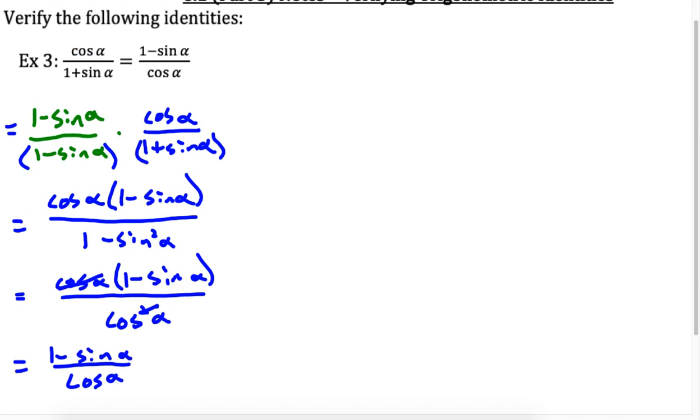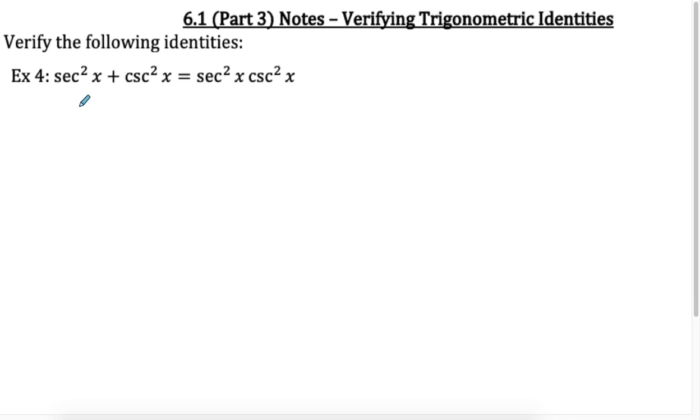One final example I want to go through. Secant squared plus cosecant squared equals secant squared times cosecant squared. Okay, kind of an interesting identity. So I'm going to choose to start with the left side, and I'm going to convert these to sine and cosine. So I know that secant is 1 over cosine, so secant squared is 1 over cosine squared.